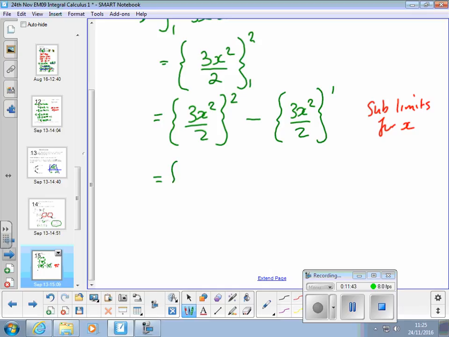This one is 3 times 2 squared over 2 minus 3 times 1 squared over 2.